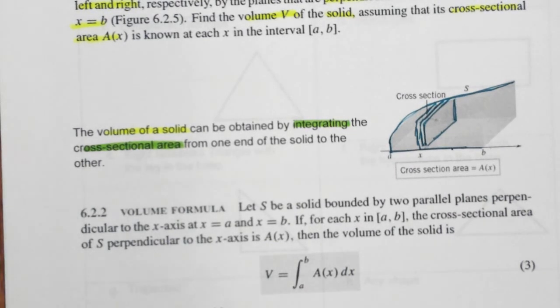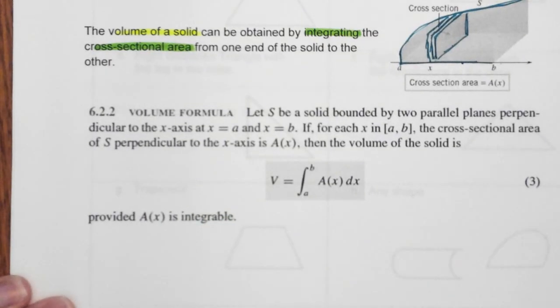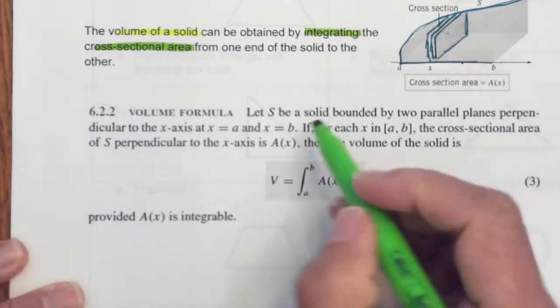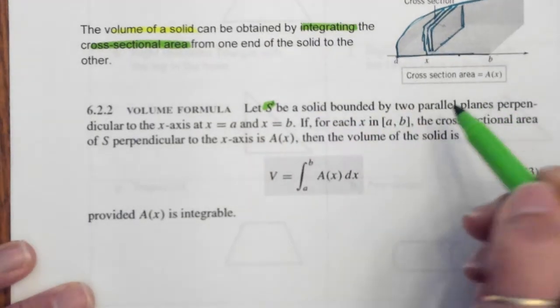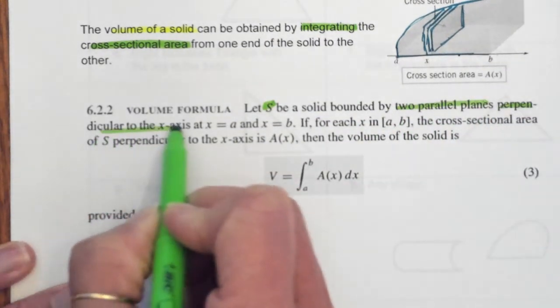So what we have is the volume formula. So this is really important here with the volume formula. So it says, let S be a solid bounded by two parallel planes that are perpendicular to the x-axis.